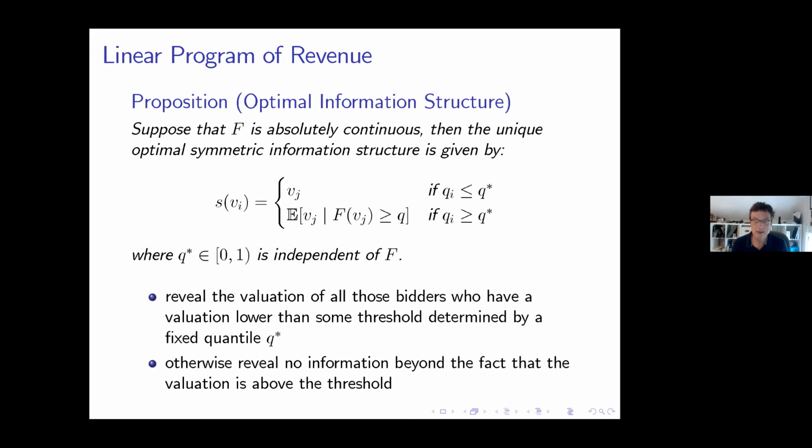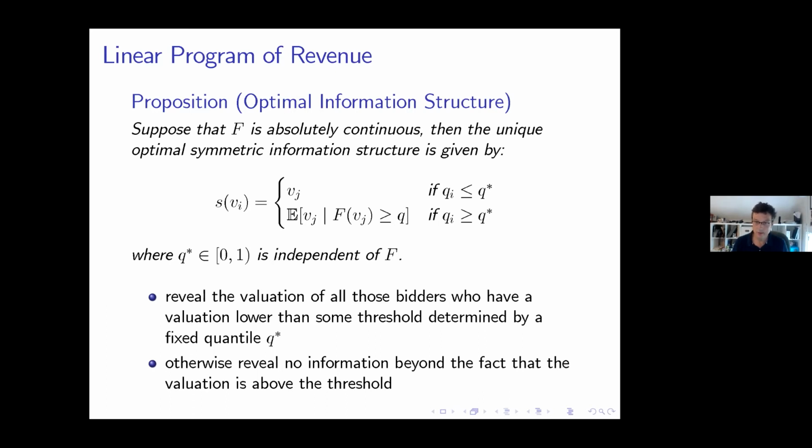Our claim is that the optimal symmetric information structure, that's the one caveat that I should mention, is simply given by a signal that is completely revealing as long as we are in a quantile below a critical threshold Q star, and it's completely bundling otherwise, that is, it's telling the bidders only that their value exceeds the quantile threshold Q star.